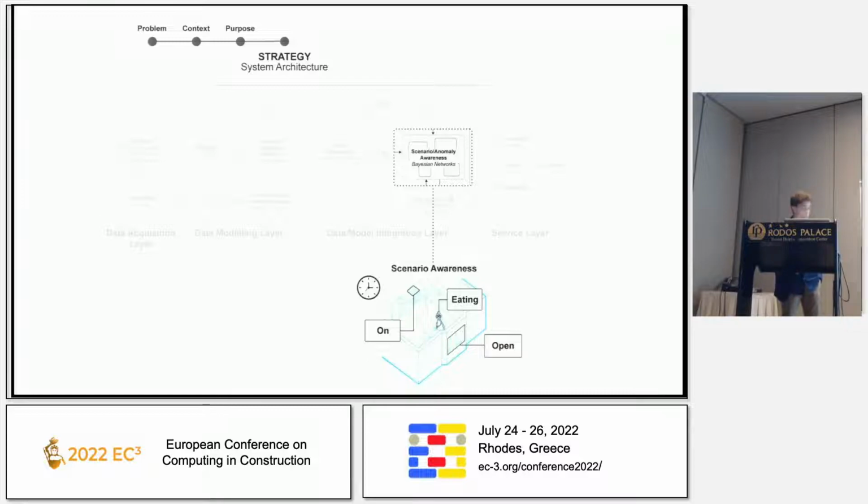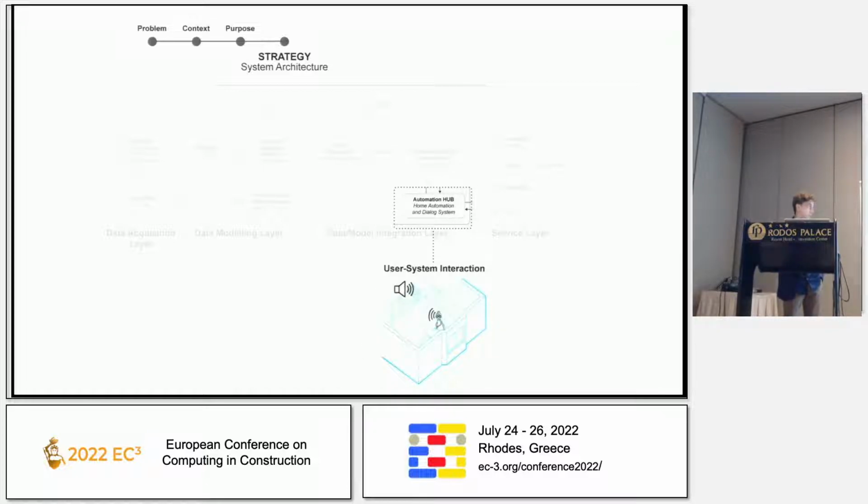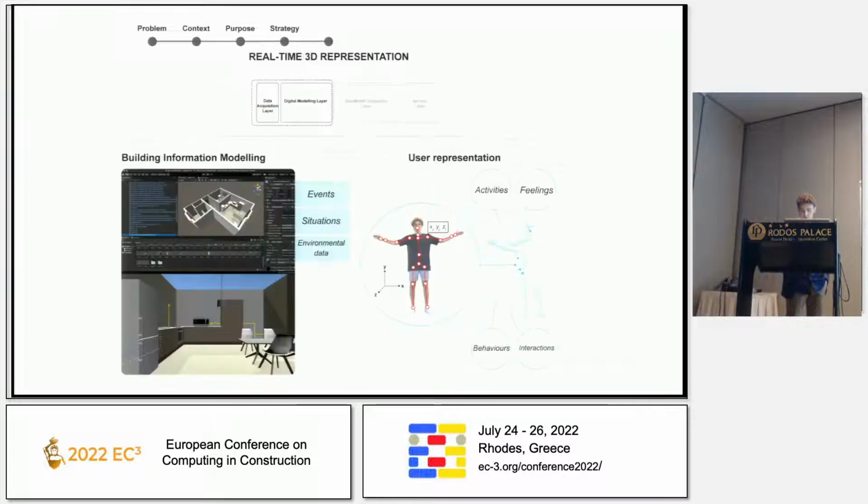Moving forward, the next task consists in understanding the user's actions and activities and combining them with the other information coming from the context, by means of time-contextualized computational procedures, to the extent of recognizing emergent scenarios, and then at this point, interacting with the user through a dialogue system.